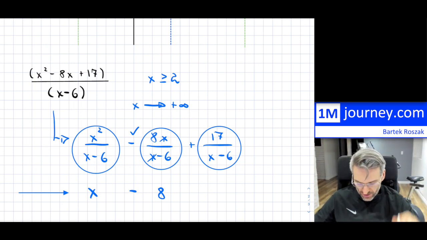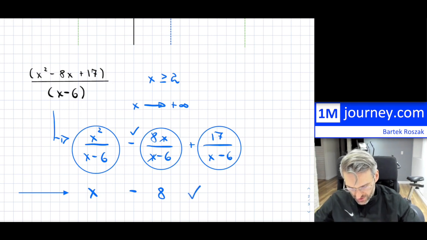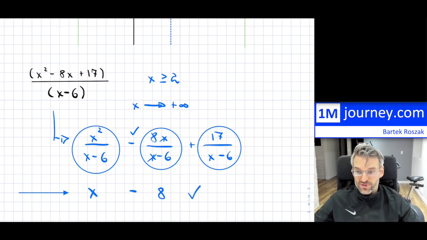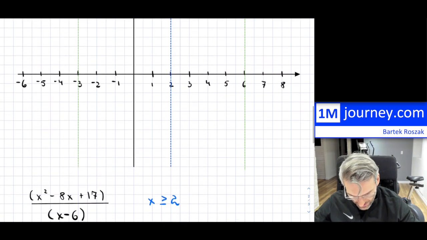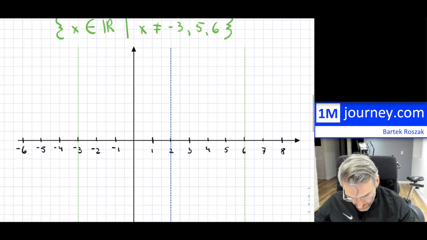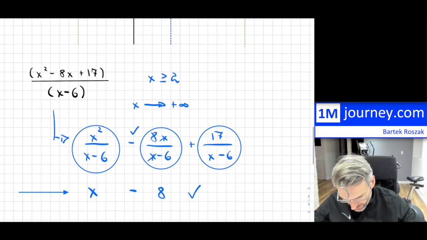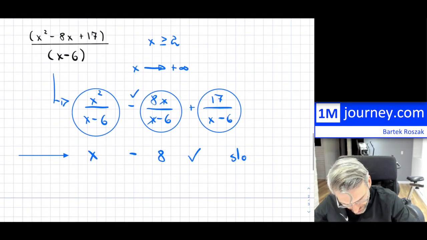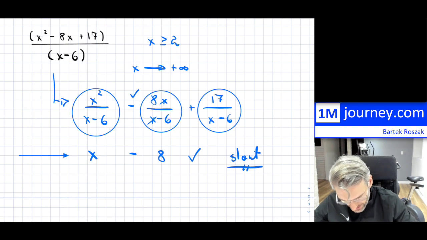As x gets bigger and bigger, it basically approaches a linear function, y is equal to x minus 8. So that is a slant asymptote that we're going to have somewhere further out. We're going to be careful with that. Okay, so this is some kind of a slant.